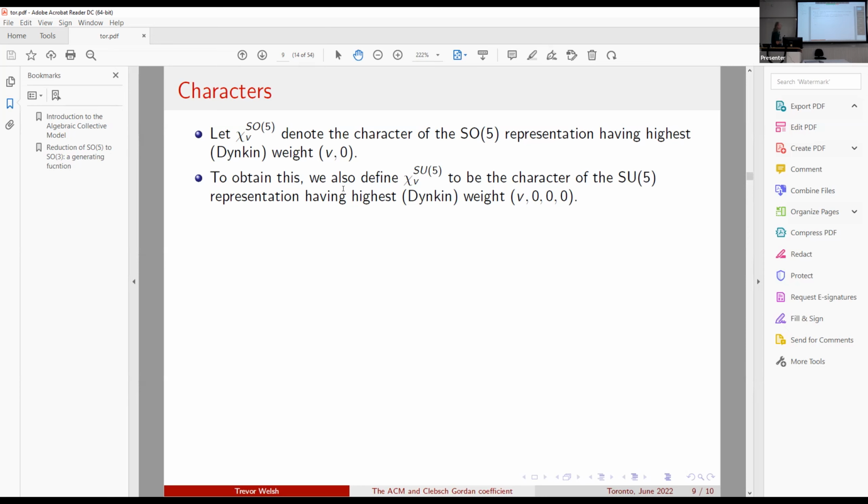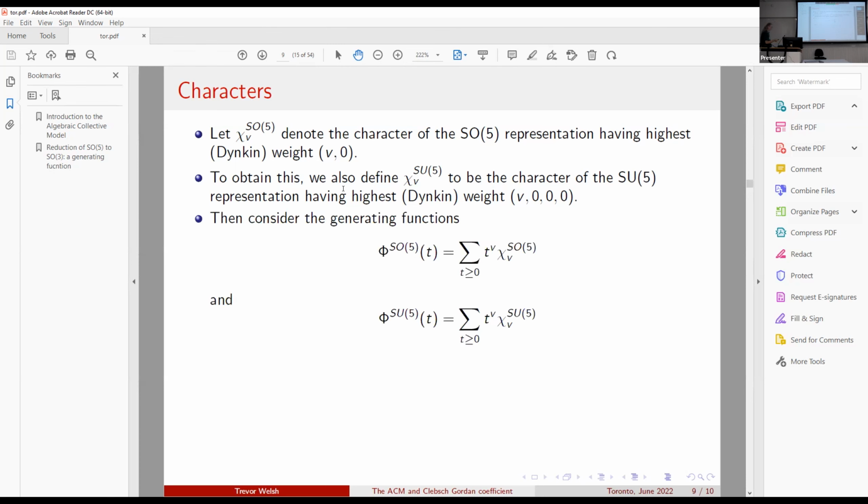The corresponding character has highest weight v000. So in fact, what we're going to do is reduce from SU5 down to SO5.